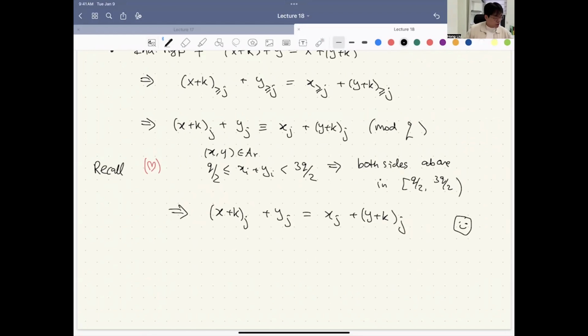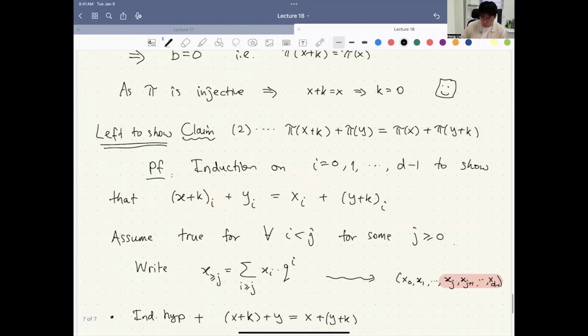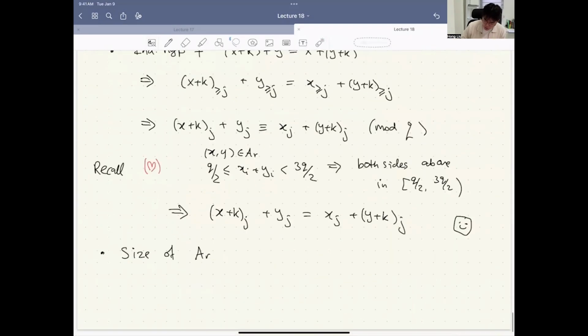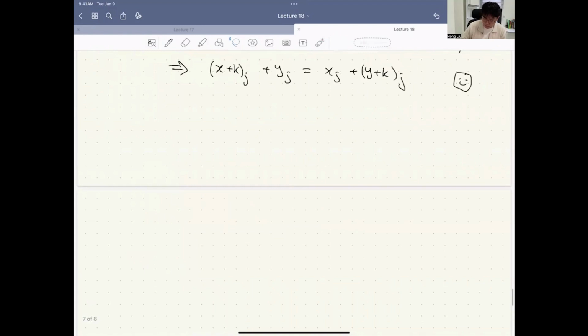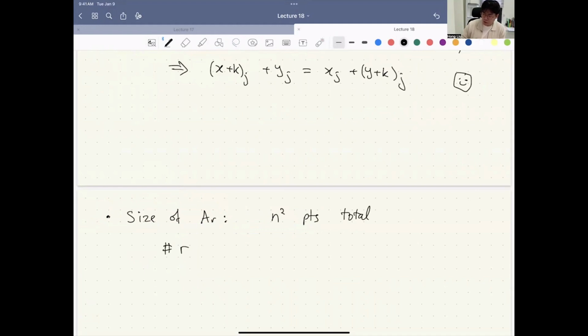Let me finish by telling you the choice of parameters. What is the size of AR? Let me start a new page maybe. To compute the size of AR, let's just do pigeonhole. There are n points total in the n by n grid. And the number of choices for R: remember what R is?